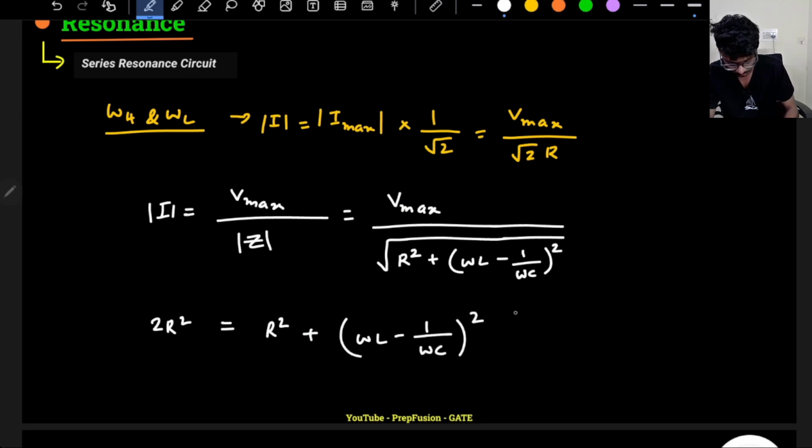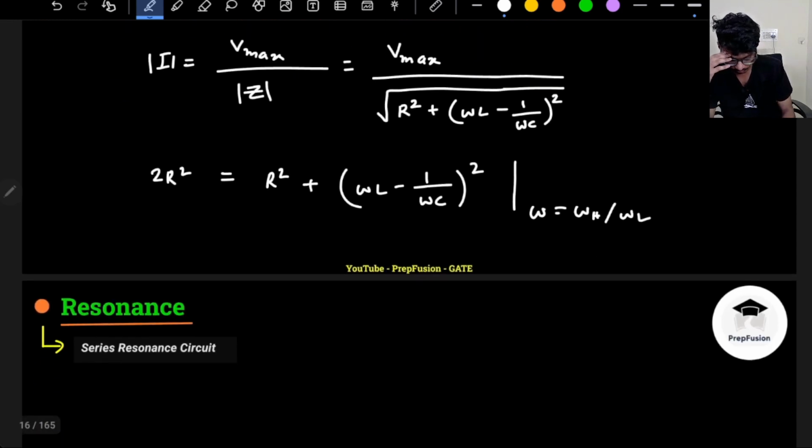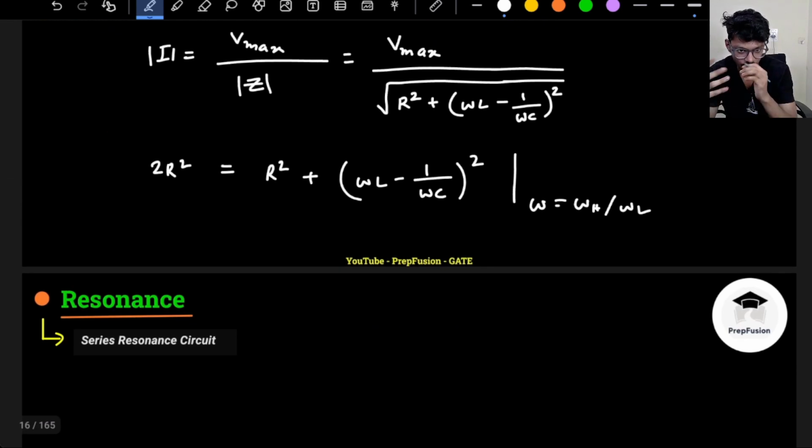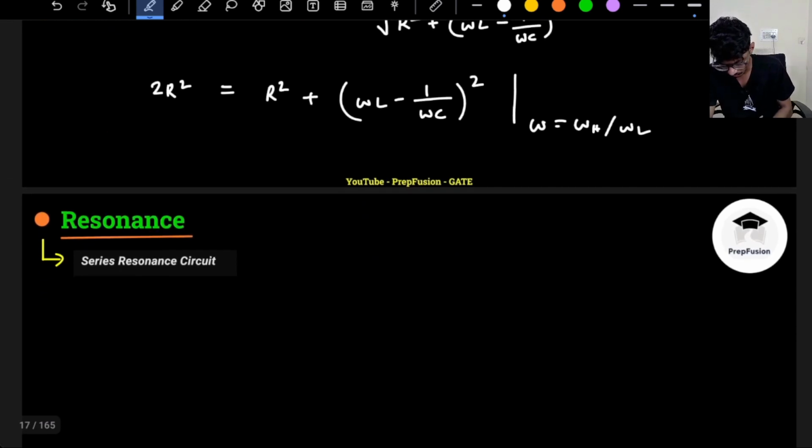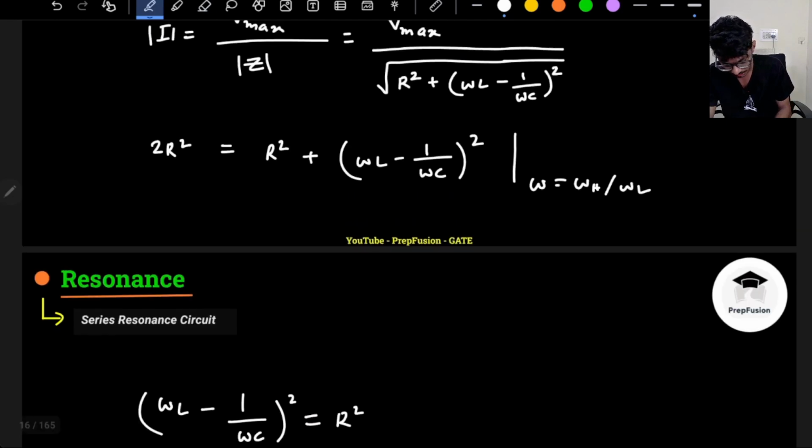This is at the frequency omega either equal to omega H or omega L, any of the frequencies, right? Now one interesting fact will be there. Actually I will discuss that fact. So what is the equation I get? I get omega L minus 1 by omega C whole square is equal to R square, correct? I hope you are understanding, right?